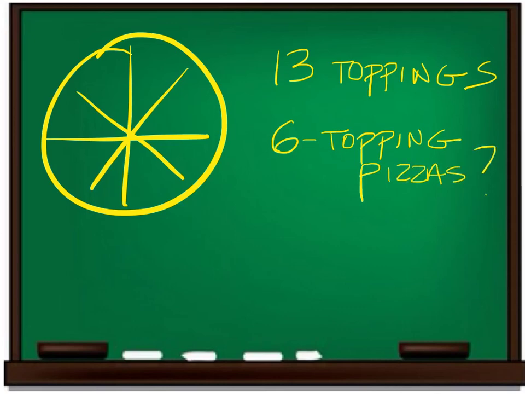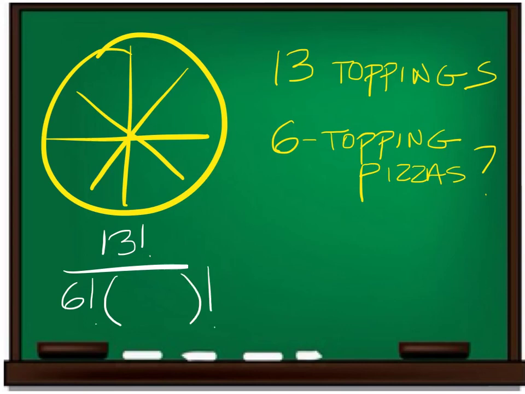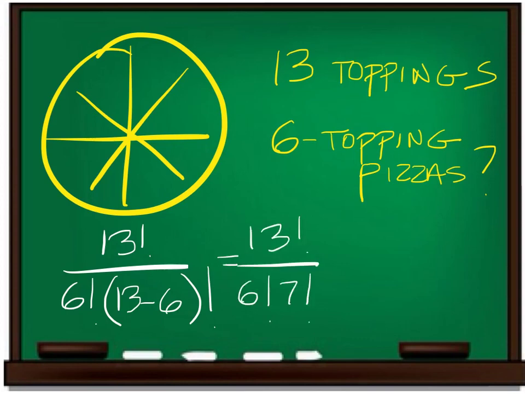The solution for this practice problem is 13 factorial over 6 factorial times the quantity factorial of 13 minus 6, which comes down to being 13 factorial over 6 factorial times 7 factorial.